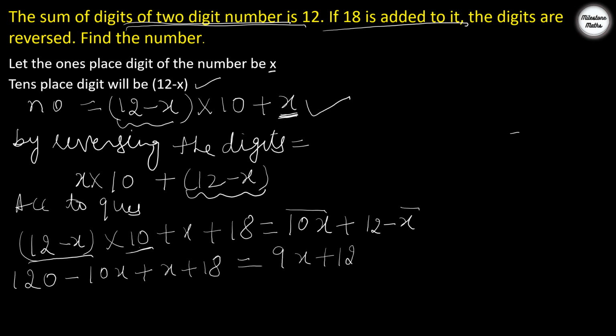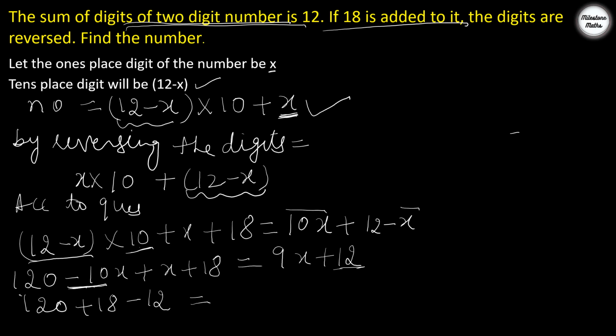Now to solve it, we will take the variables on one side and the constants on the other side. So we will prefer to take minus 10x on the right hand side, because this is minus. If it goes that side, it will be plus, right? So this is 120 plus 18, and here this 12 will come this side, so this is minus 12, right?